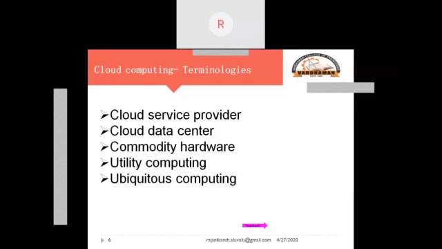And the next terminology is ubiquitous computing. Ubiquitous computing says anywhere, anytime computing, irrespective of the geolocation, irrespective of the kind of device, irrespective of the time, we are able to connect to the systems, the processes, and the infra.